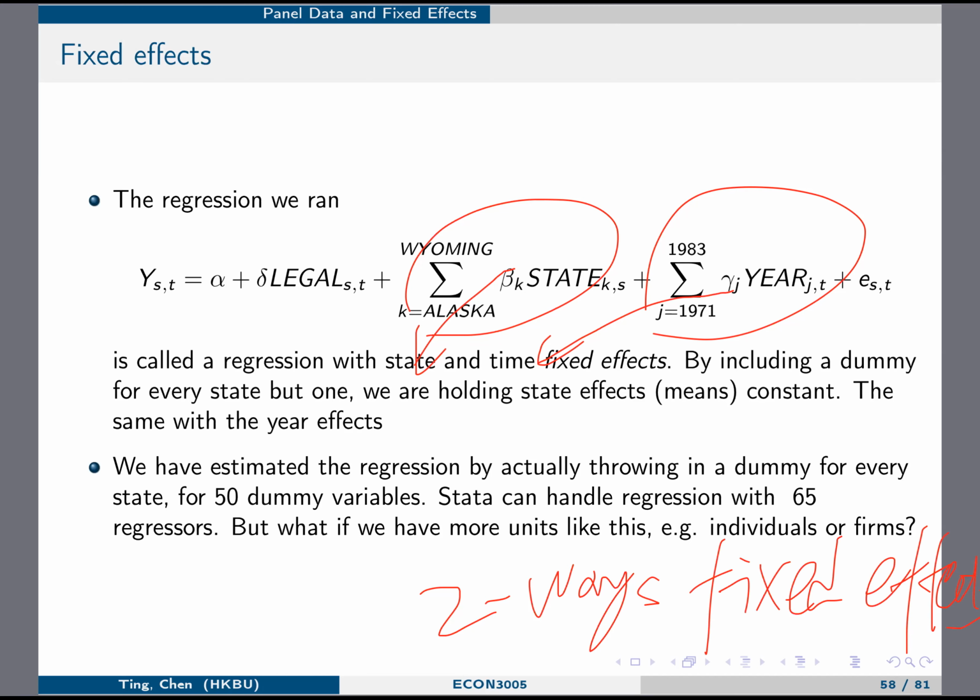Say in R. Formerly we normally used Stata as the software, but now it should be R. It can handle a regression with more than 65 regressors. So R can handle even more. But what if we have more units, like individuals or firms?